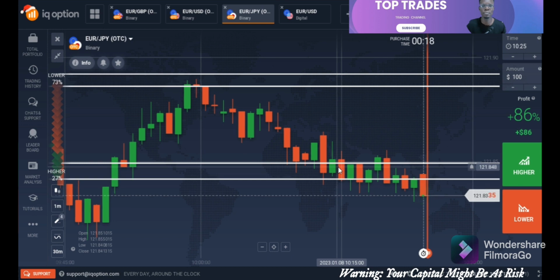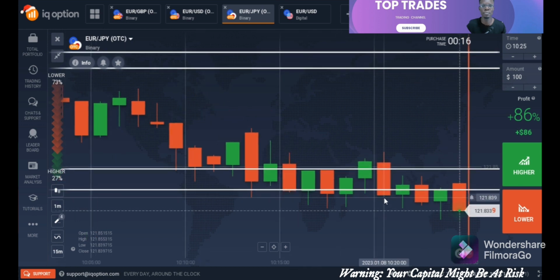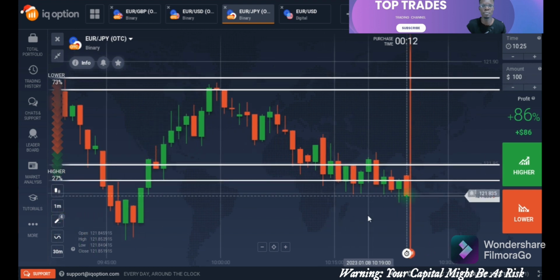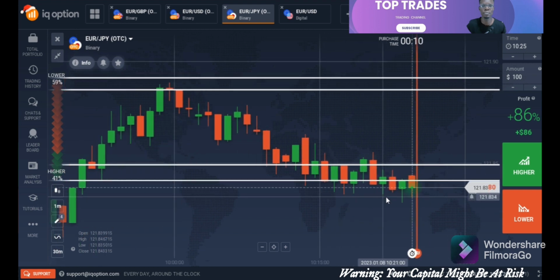And somehow the market lost its momentum and it moved really very slow, but somehow we were able to win the trade in the end.